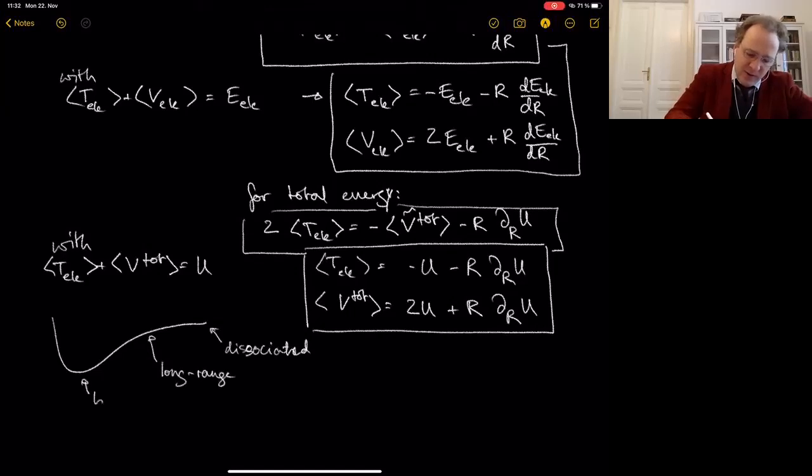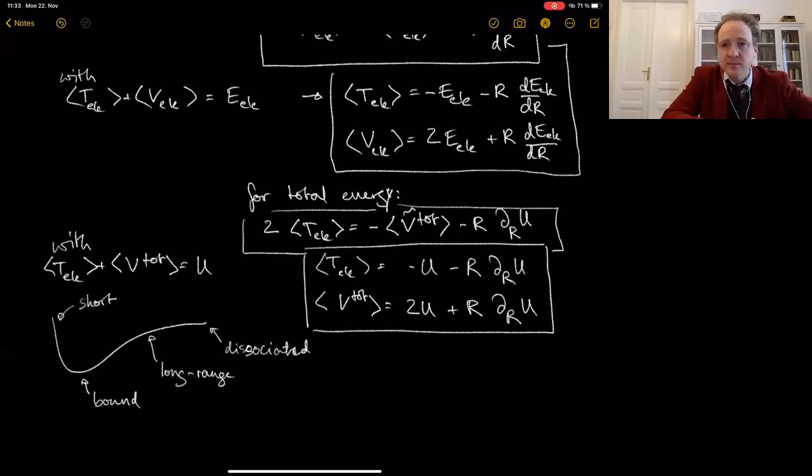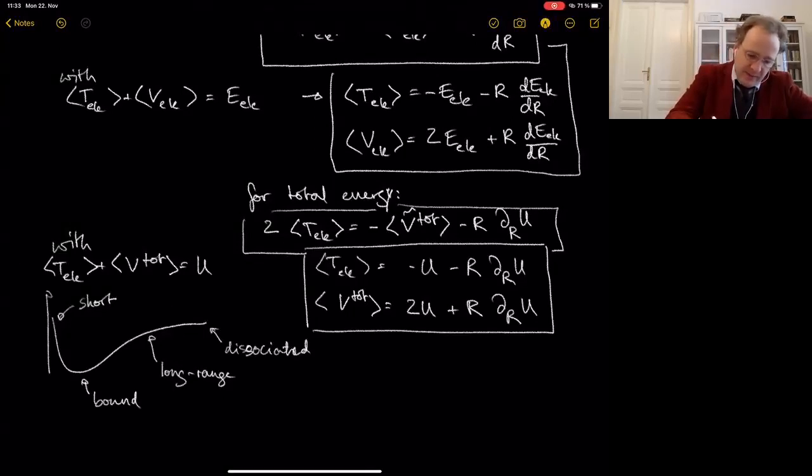This is the bound regime, and this is when you're nearby, short distance. And this is energy and your distance.